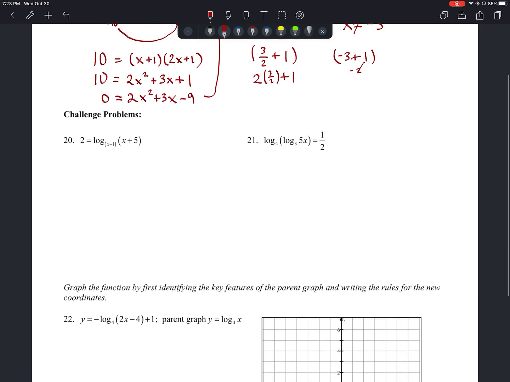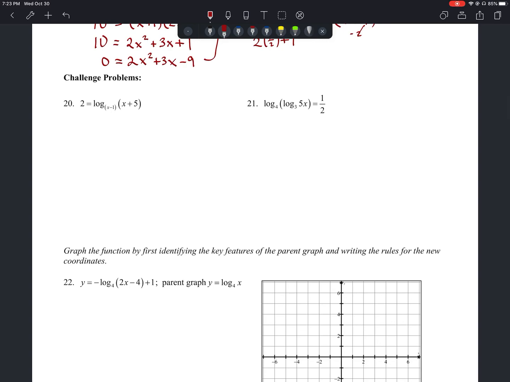All right, let's look at number 20. For this one, we've got a log equation, log base quantity of x minus 1 of x plus 5 equals 2. Well, let's take it here since it's in log form. Let's go ahead and use our giant spiral to get it to its exponential form. So we've got the quantity of x minus 1 squared is equal to x plus 5.